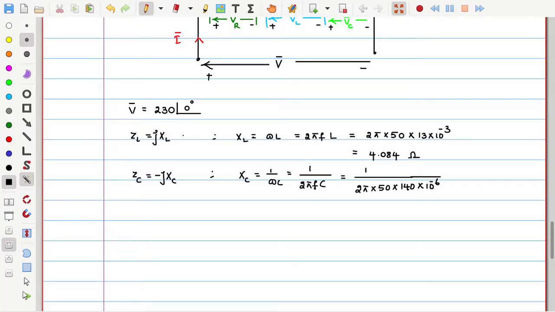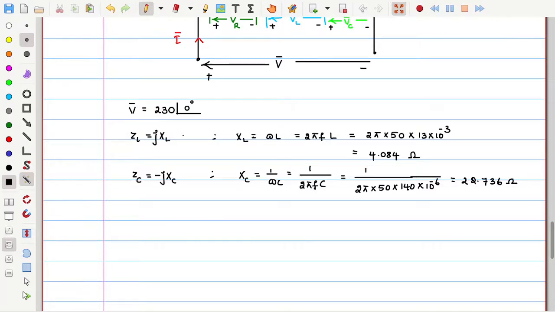Let us calculate this value also: 1 divided by 2 pi into 50 into 140 into 10 power minus 6. So how much I got is 22.736 ohms. Right, very good.